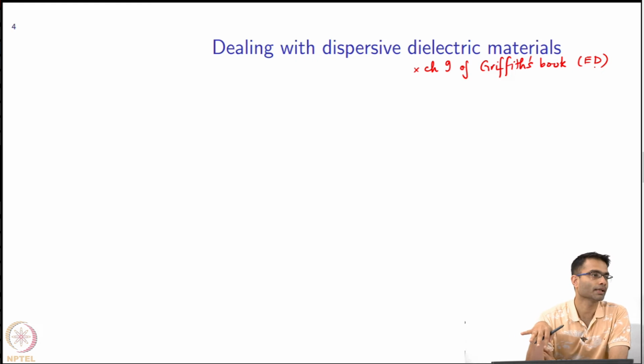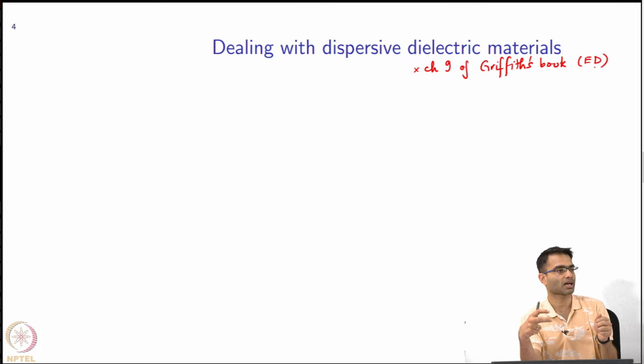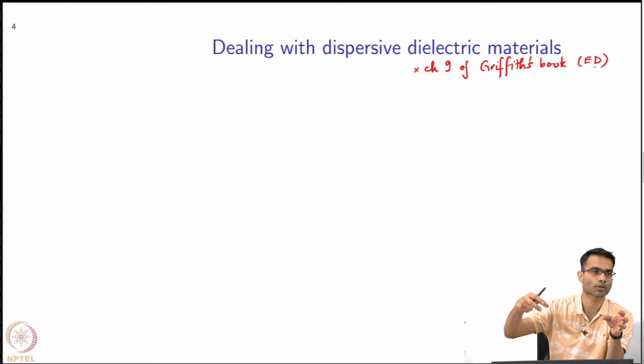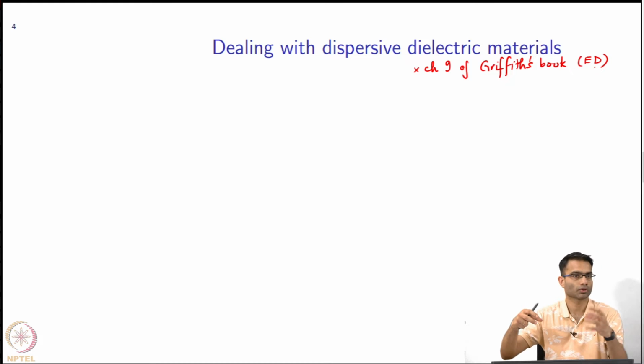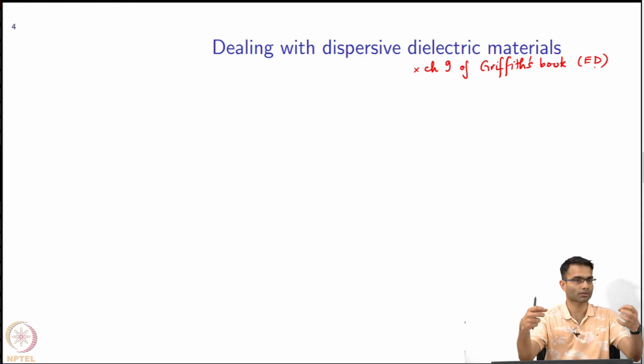Here he describes very properly how to model a dispersive medium using a simple spring and mass model. What is the spring and what is the mass? For example, an atom: the nucleus, and the electrons are modeled as the mass. There is a positively charged nucleus, an electron, and some spring constant between them.